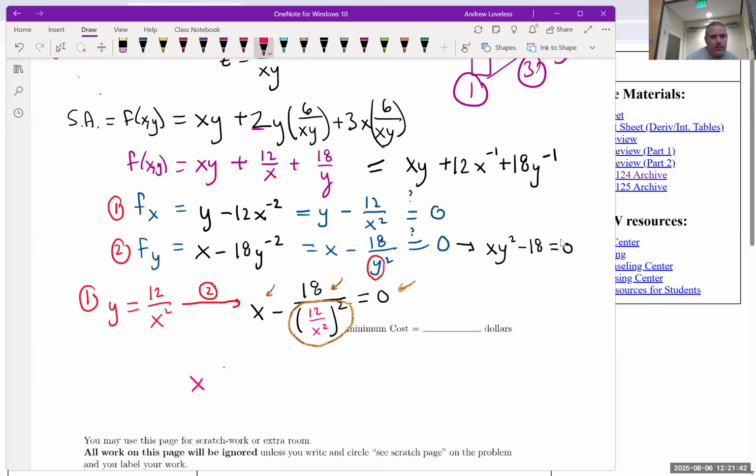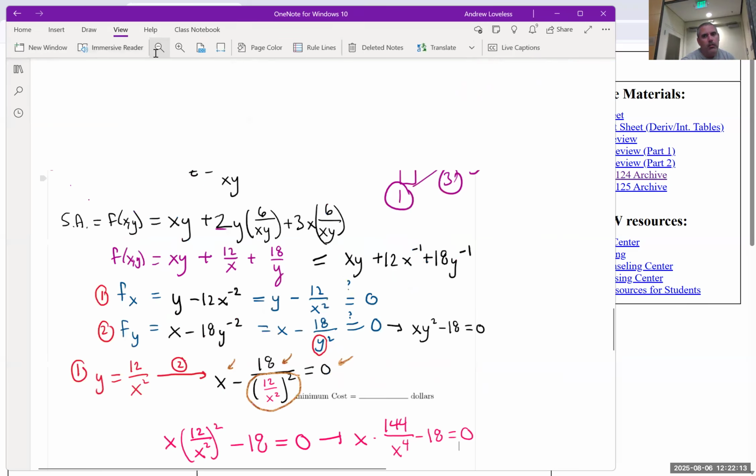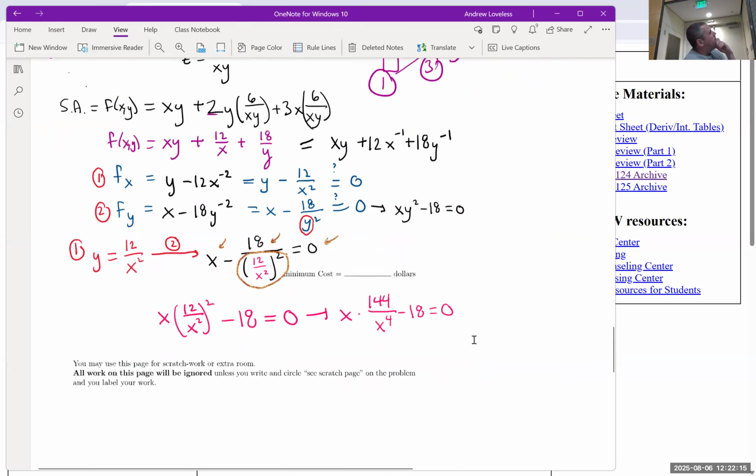Because then I don't have any fractions inside of fractions. And now we're there. Because it's going to be x times 144, that's 12 squared, over x to the 4th, minus 18 is 0. And so we have 144 over x to the 3rd.